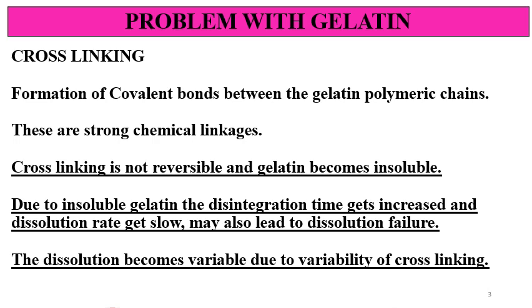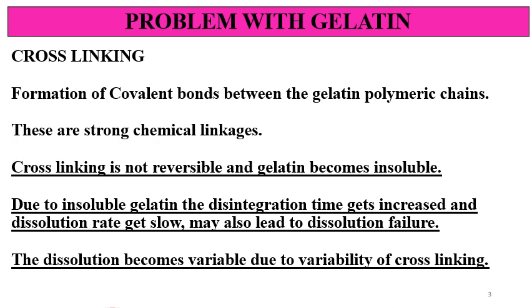The impact of this cross-linking is that the soluble gelatin converts into an insoluble one, and due to this insoluble gelatin, the disintegration time gets increased, and due to this increase in disintegration time, the dissolution rate becomes slow, and sometimes in hard gelatin capsules and soft gelatin capsules, the dissolution may fail, and that is due to this cross-linking. Cross-linking is always a variable process, so the dissolution becomes variable.